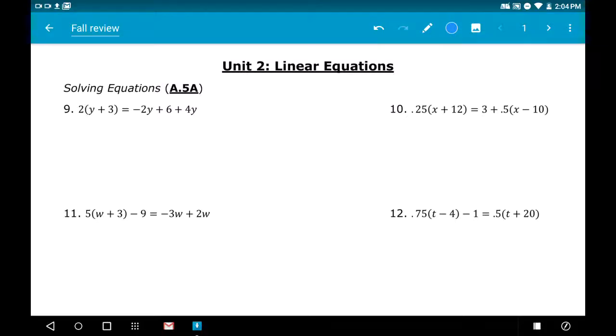Next, we're going to move on to Unit 2, which is linear equations. So on this one, we're going to use the 5 steps that we learned in class. So number 1 is eliminate parentheses. Number 2, combine like terms.